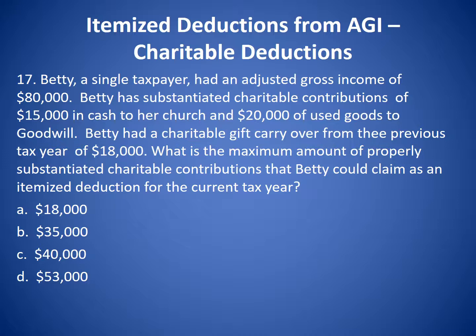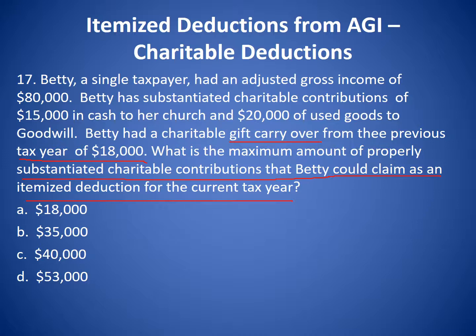Betty had a charitable gift carryover from 3 previous tax years of $18,000. What is a maximum amount of properly substantiated charitable contributions that Betty could claim as an itemized deduction in the current tax year?